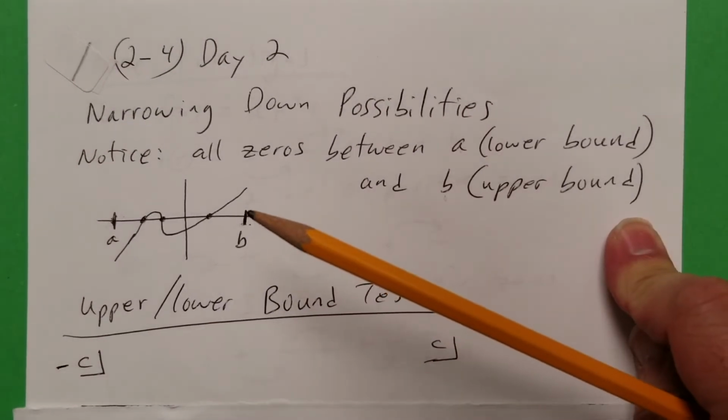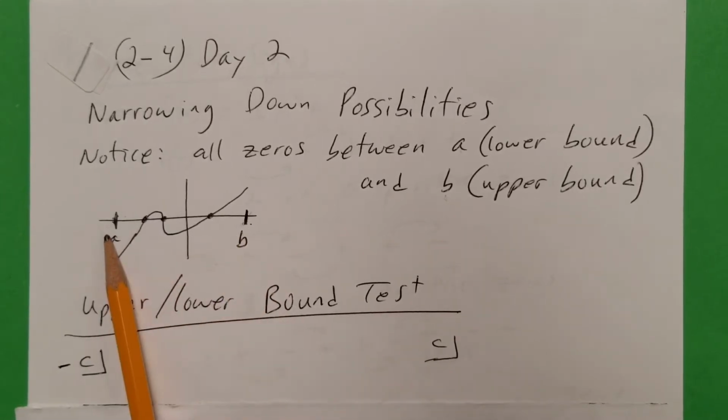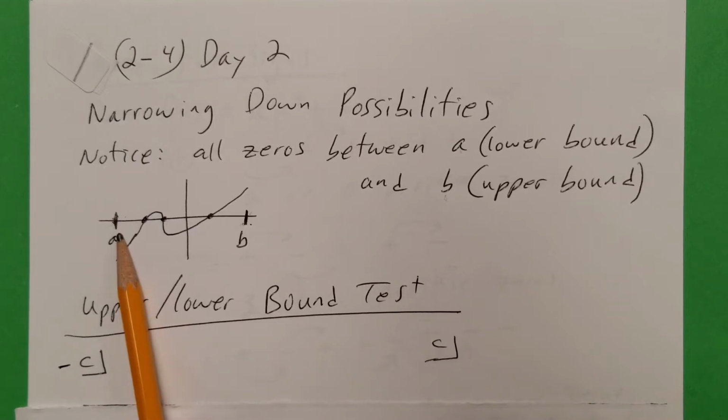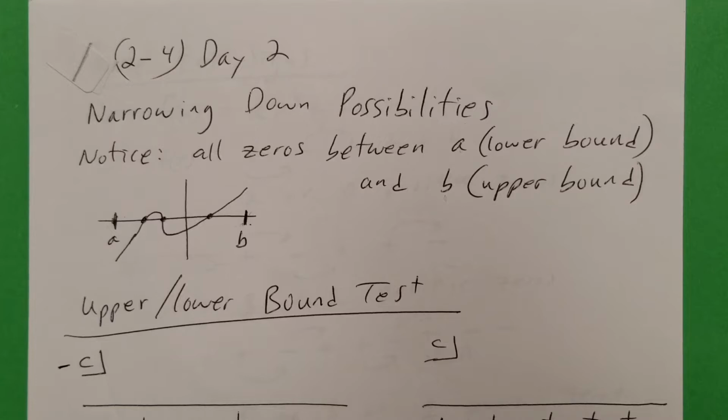And what you do is you take any number here and here, right, that you suspect are the lower bound and the upper bound, and we're going to check. So if this number is in fact the lower bound, then all your answers are going to be switching signs like this.